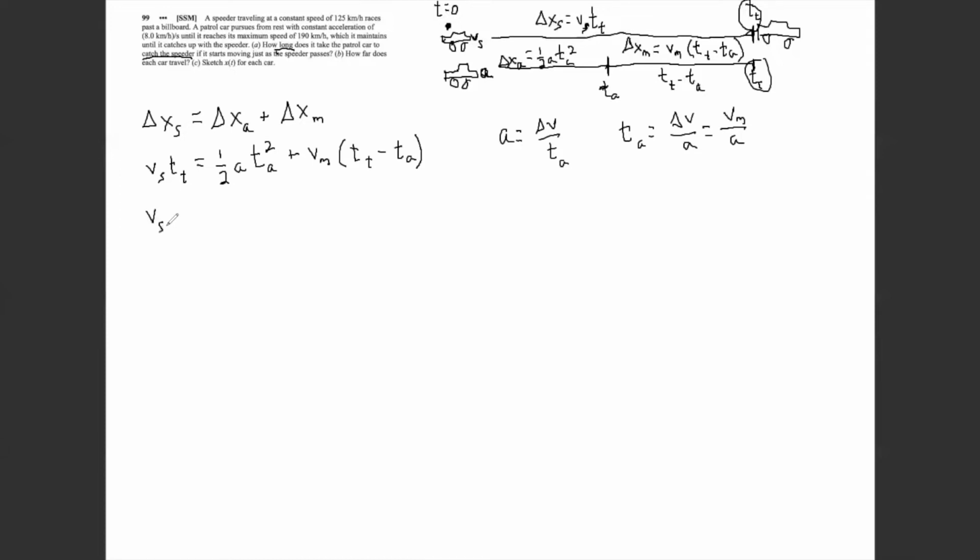Vs TT equals 1/2 A times (Vm over A) squared, plus Vm times (TT minus Vm over A).